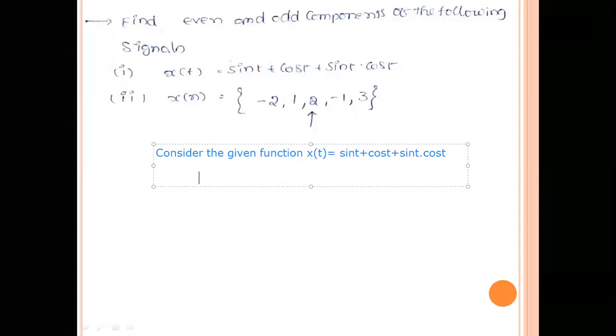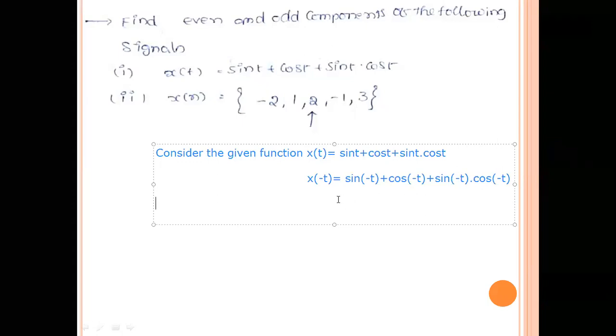Now I am going to determine x of minus t, which is equal to, substitute or replace small t with minus t: sin of minus t plus cos of minus t plus sin of minus t multiplied by cos of minus t.